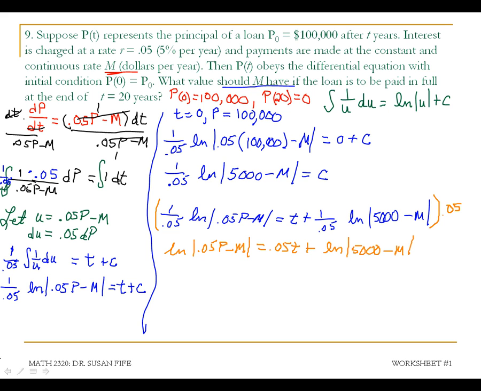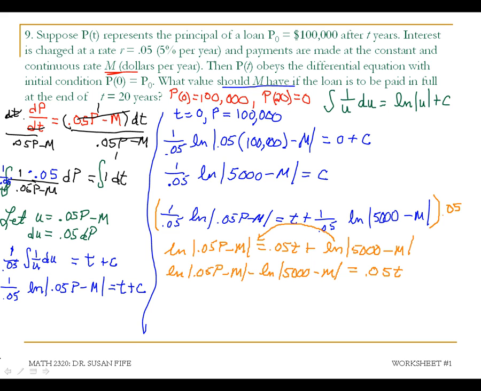And then let me bring this natural log term over to the left side of the equation so that I have natural log of 0.05 P minus m minus natural log 5,000 minus m equals 0.05 t.